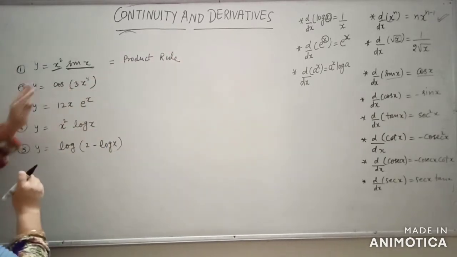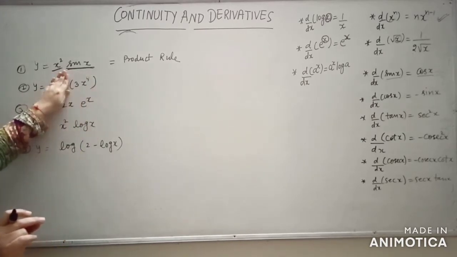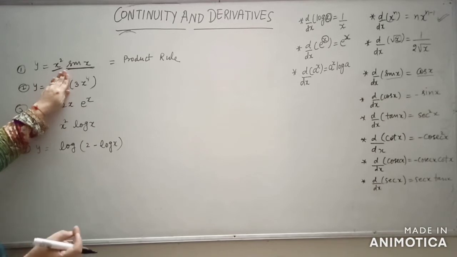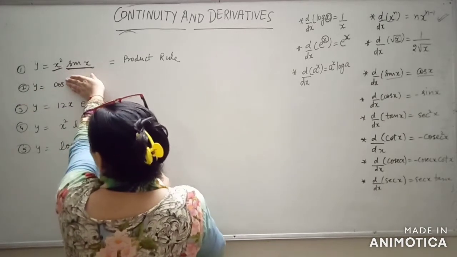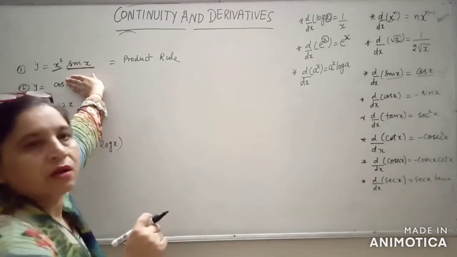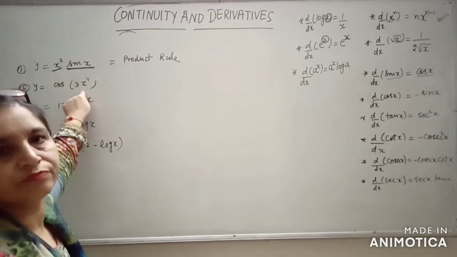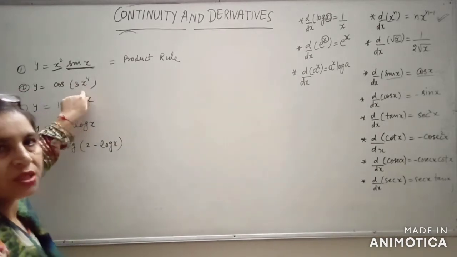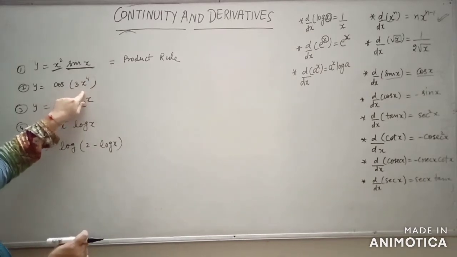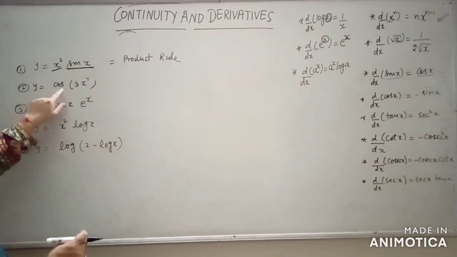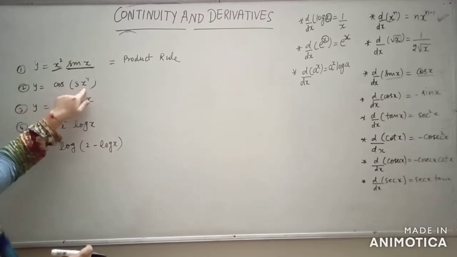If I take this 3x raised to power 4, yes, it can exist alone. But if I take this one, then cos is meaningless without it. Cos is meaningless without anything with it. It is meaningful only when cos is applied on 3x raised to power 4.